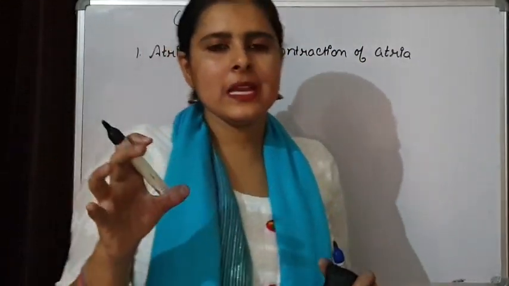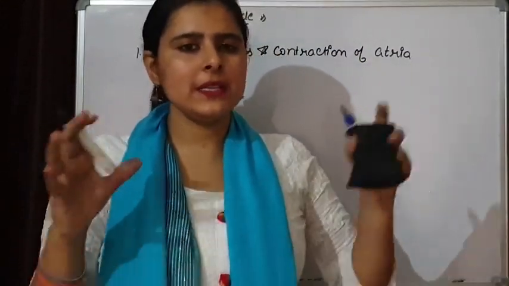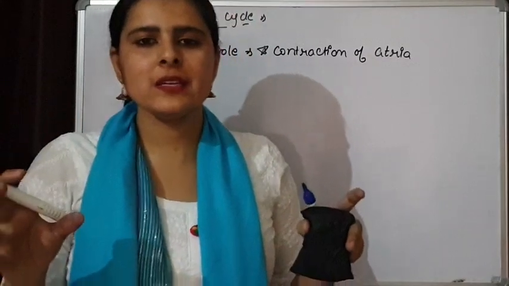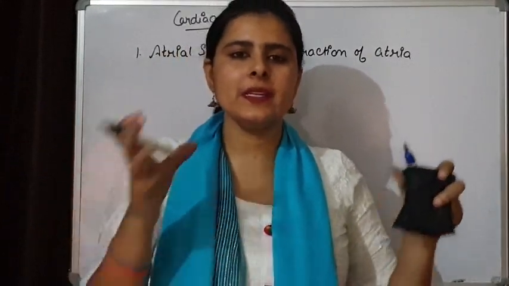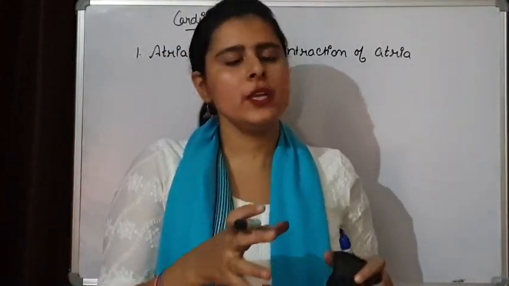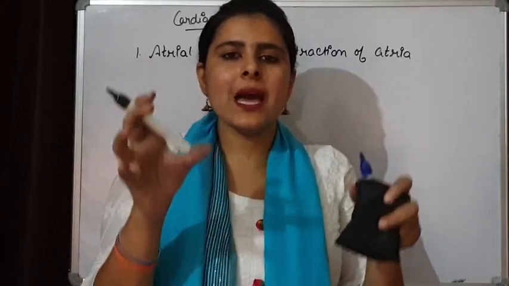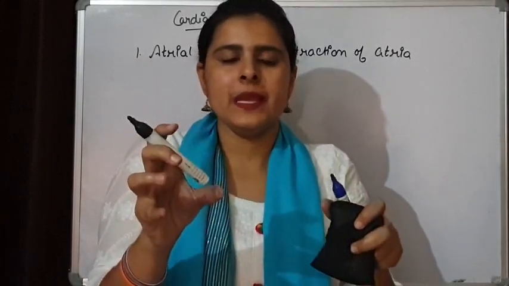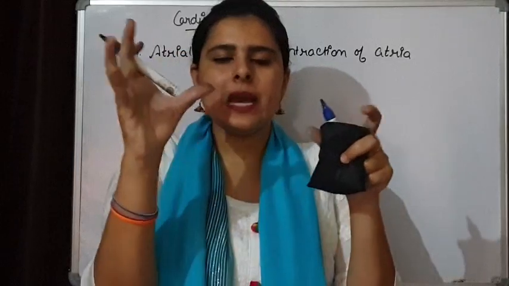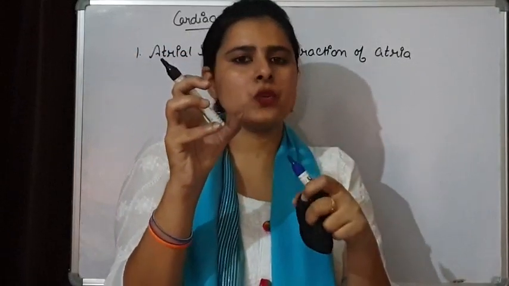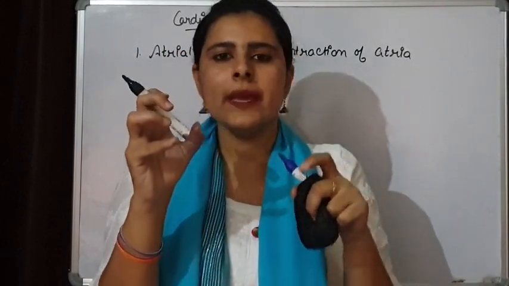The right atrium receives deoxygenated blood, and the left atrium receives oxygenated blood. When both atria are filled with blood, they contract. When they contract, the size decreases and pressure increases.